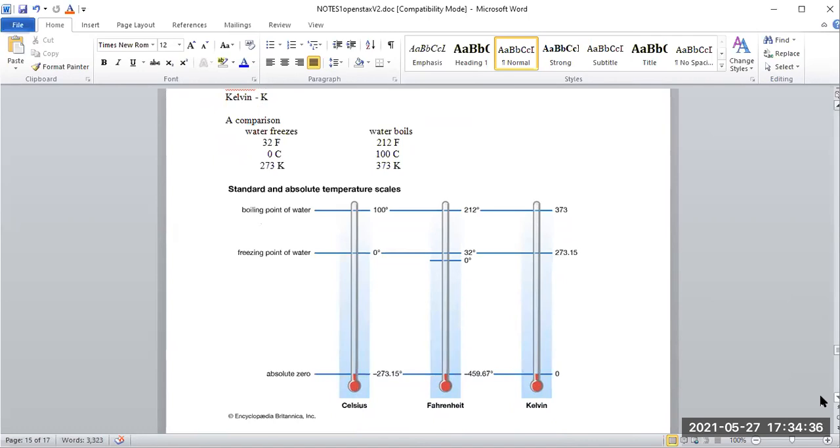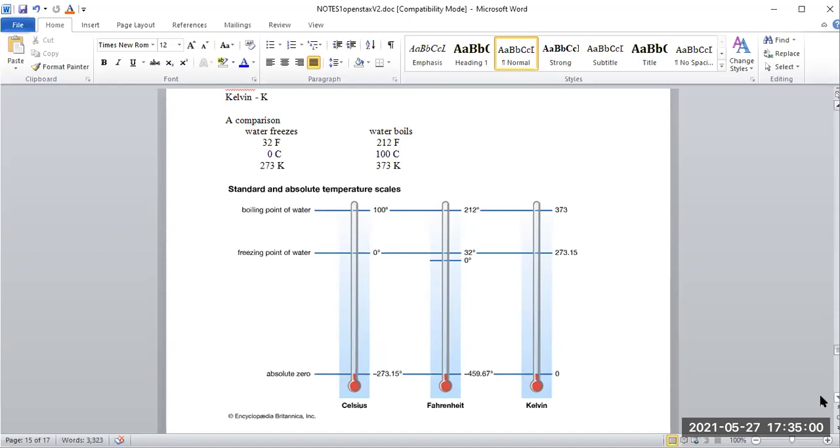If you're on the Celsius scale, which is the far left-hand one there, you can kind of see 0 and 100 as freezing and boiling for water. You have Fahrenheit, so 32 and 212.